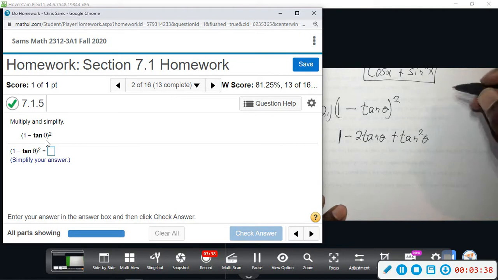So if you think about, and this is how you kind of remember those, tangent is sine over cosine.